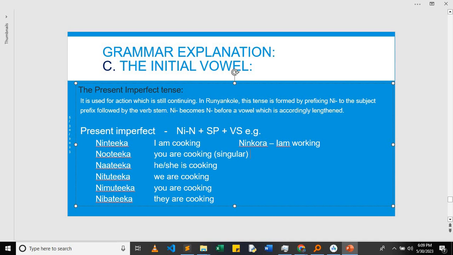N-I becomes N before a vowel which is accordingly lengthened, so it becomes nokora. You are working, nokora. Then nateka. You notice this one is N-A double. Nateka, he is cooking or she is cooking.